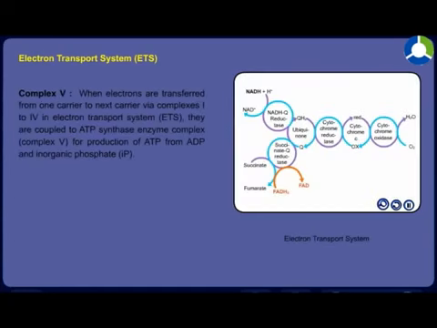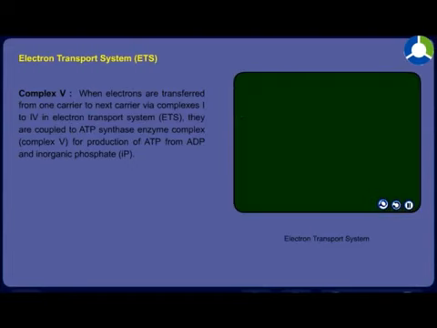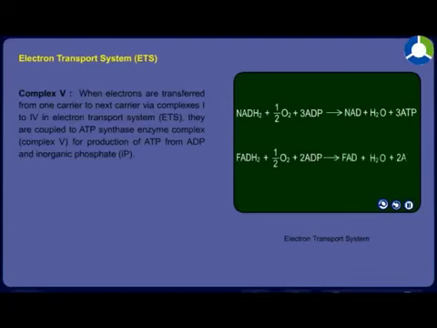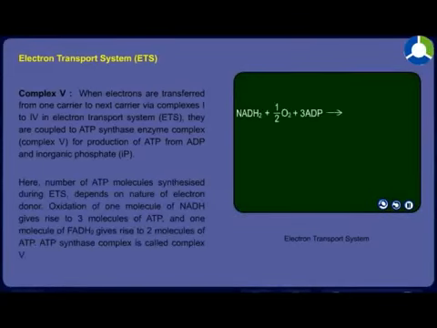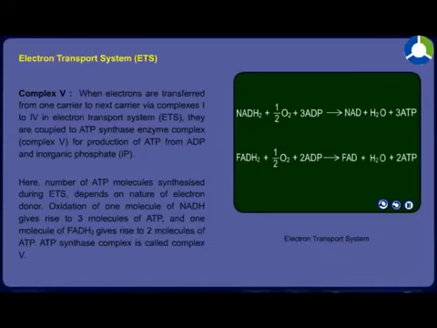Complex 5. When electrons are transferred from one carrier to the next carrier via complexes 1 to 4 in the electron transport system, they are coupled to the ATP synthase enzyme complex, complex 5, for production of ATP from ADP and inorganic phosphate, Pi. Here, the number of ATP molecules synthesized during ETS depends on the nature of the electron donor.